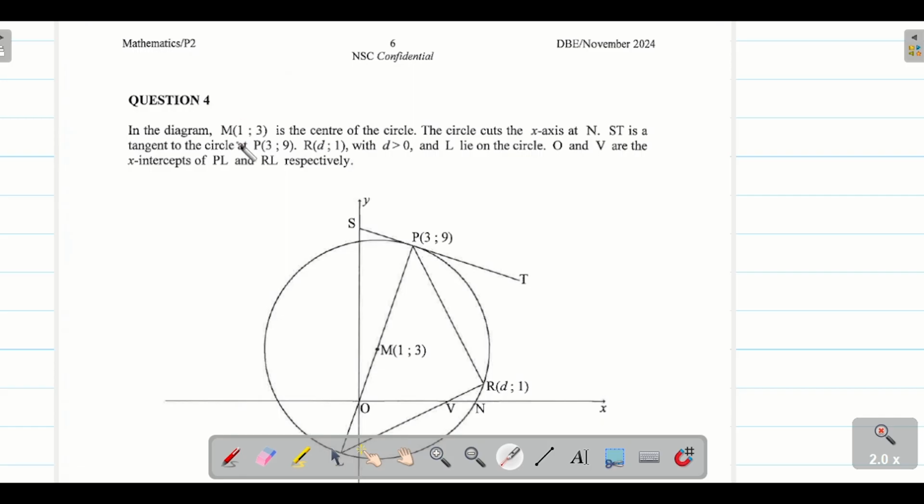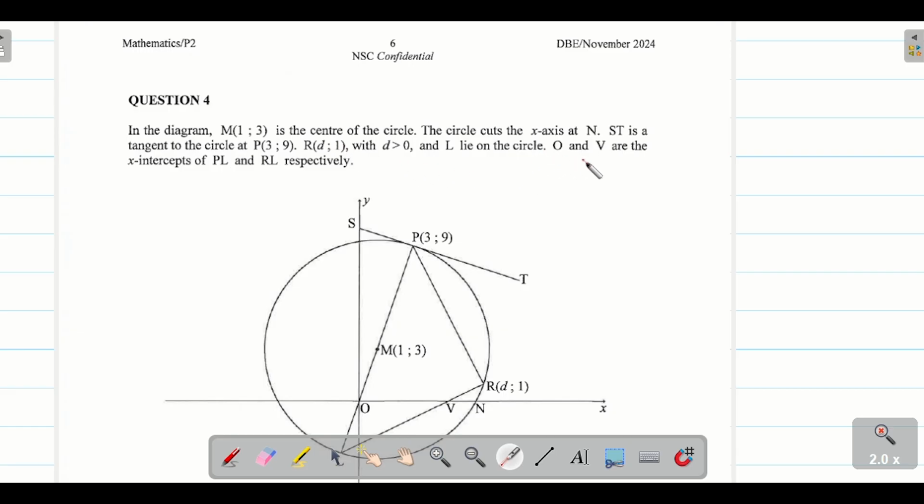In the diagram, M, here is point M, is the center of the circle, and the circle cuts the x-axis at N. ST is a tangent to the circle at P, and they've given us the point P. They didn't give us the exact x value of point R. They gave it as D, and they're telling us that D is greater than 0, and R and L lie on the circle.